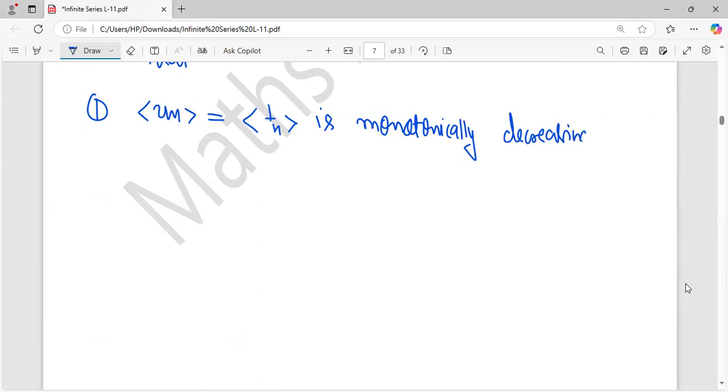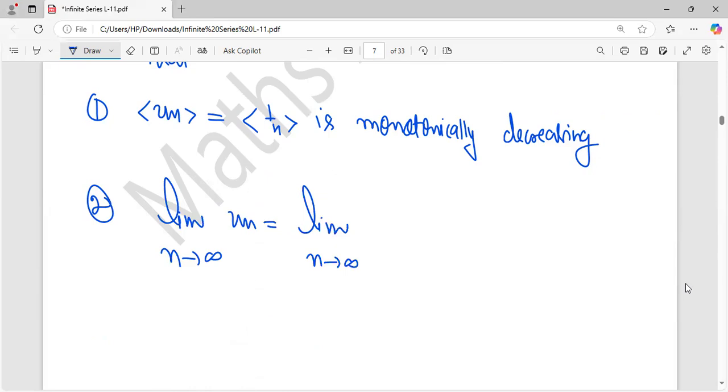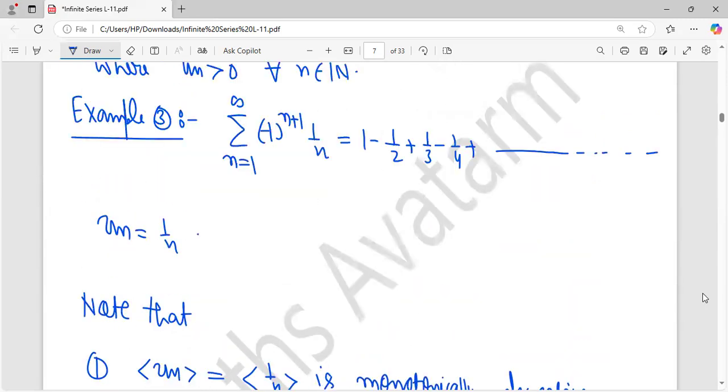Second, what is the limit of un? So this series is an alternating series.